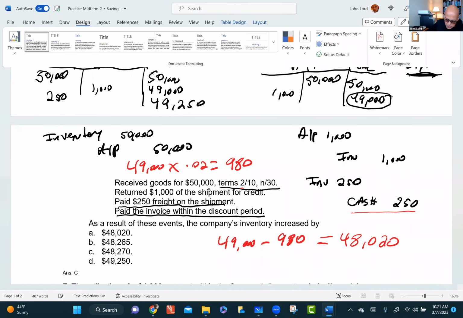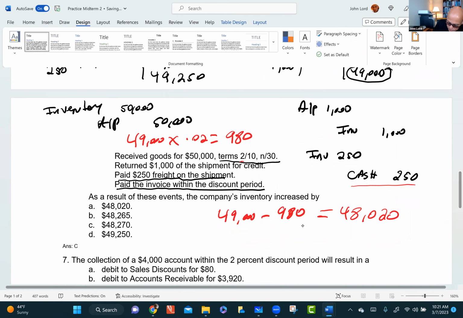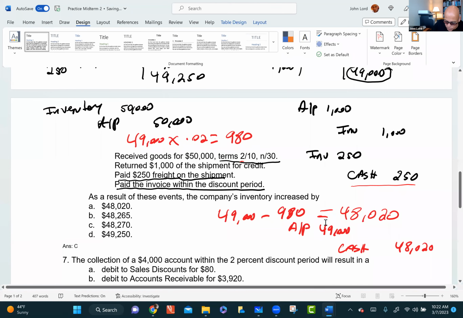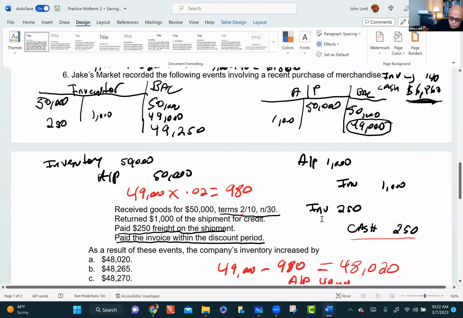So 48,020 is the cash I'm going to pay. I'm going to credit cash 48,020. I'm going to debit accounts payable for the entire 49,000, because the supplier said, give me 48,020 on a bill of 49,000 and we're good as long as you pay within the 10 days.